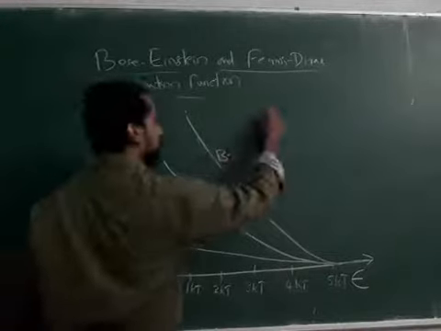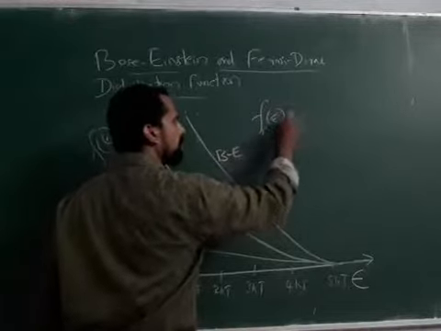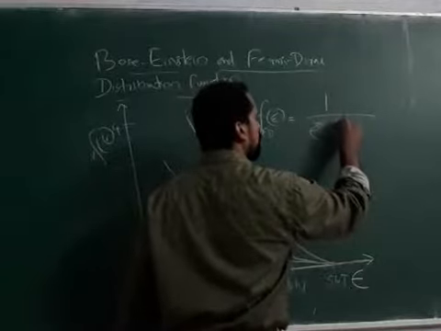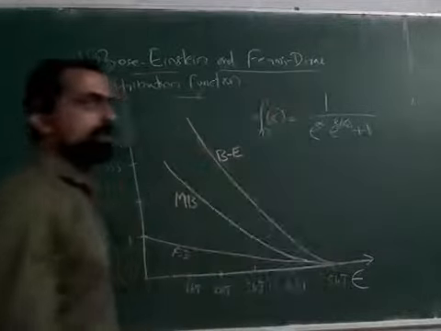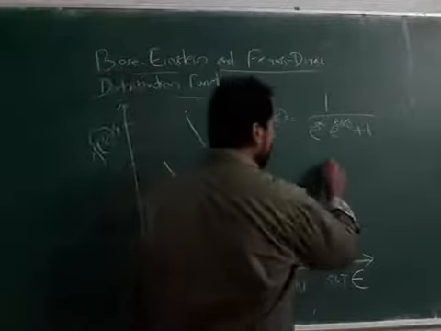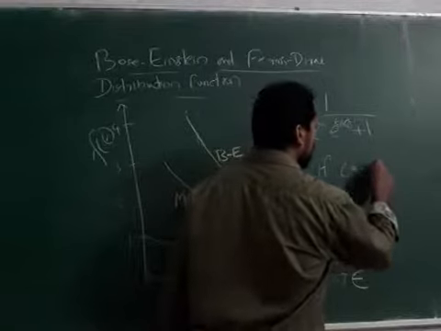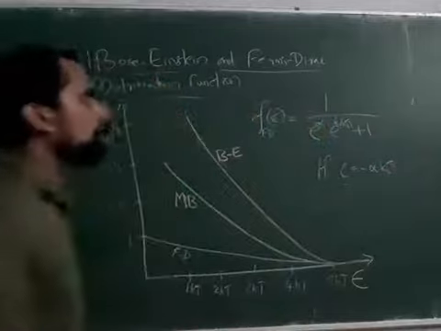We will write the expression for the Fermi-Dirac: f of epsilon is equal to 1 by e raised to alpha plus epsilon by kBT, plus 1. This was for the Fermi-Dirac distribution function. So if epsilon is equal to minus alpha kBT, then what would it be?